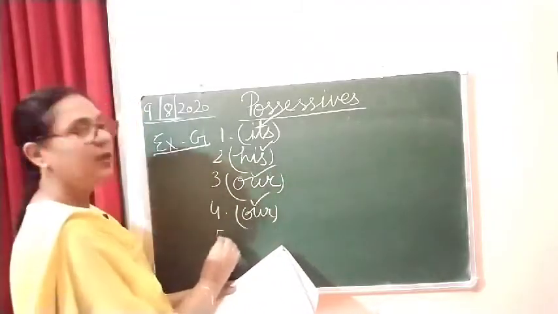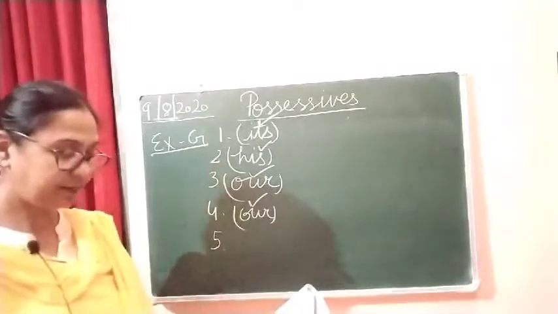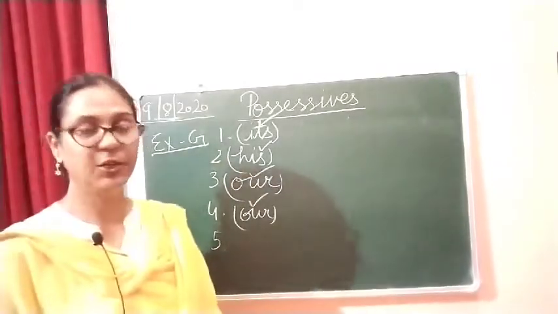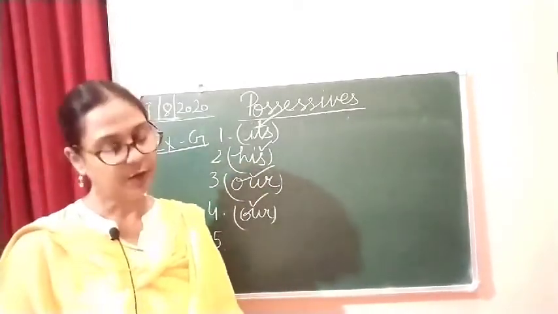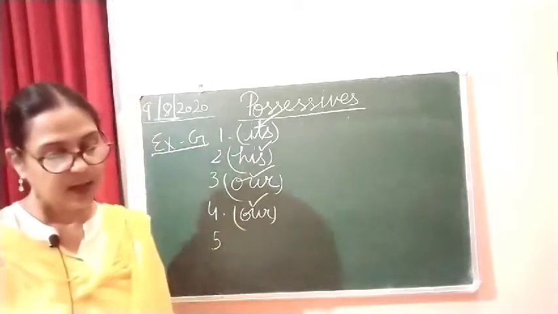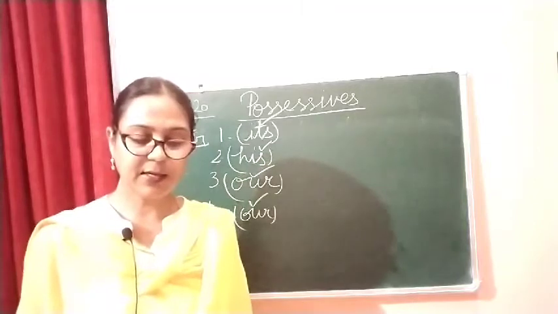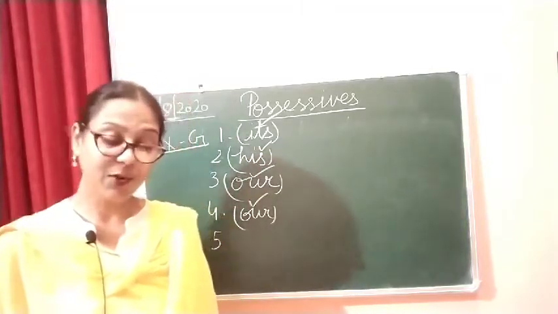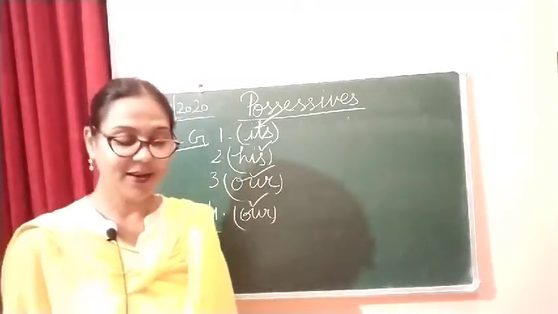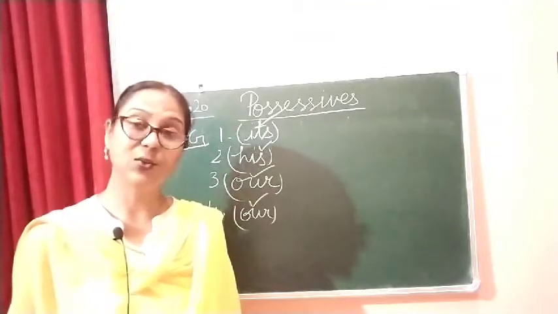In number 5, turn over the page, page number 46. In bracket it is given over here: my, his and their sister is at home. So what are we going to use over here? My sister is at home.